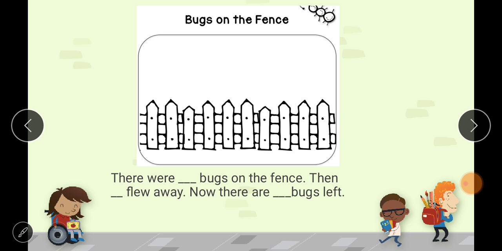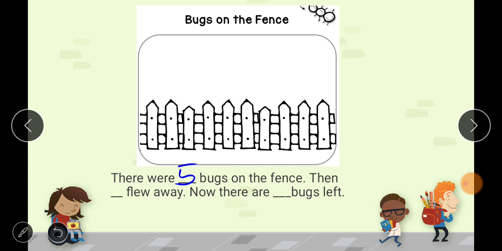There were dash bugs on the fence. So how many bugs do you want us to have on this fence? Let's say 5 bugs. Oh, I know you said 5. 5 bugs.